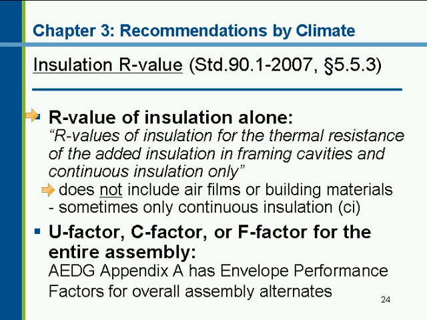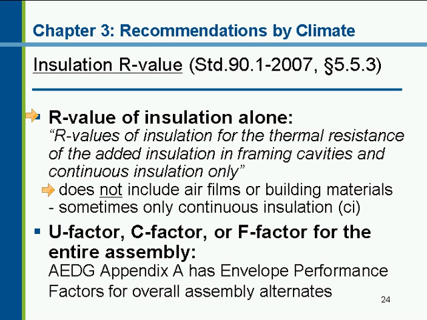So this is a very simple, very easy way to figure out what the criteria are. So it doesn't matter whether you're doing gypsum board or tongue and groove sheathing or T1-11, whatever you're using for the exterior surfaces or interior surfaces of the wall or the roof. It's just only the R value of the insulation alone.